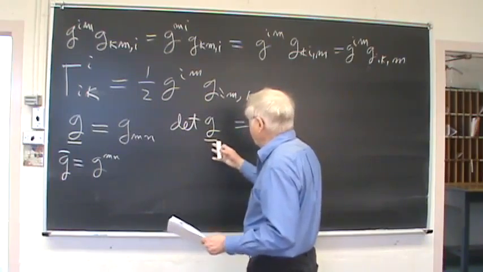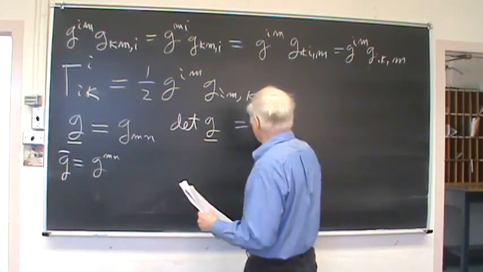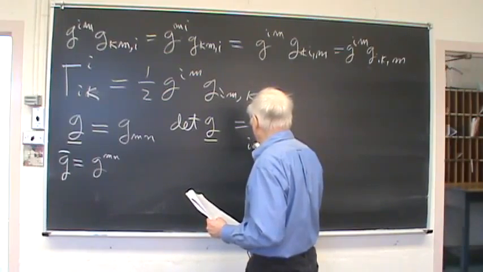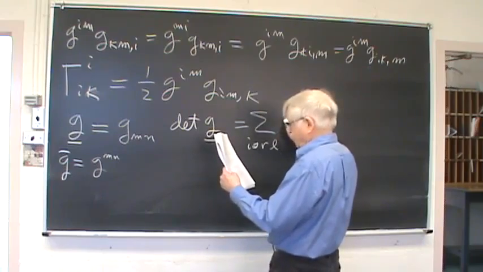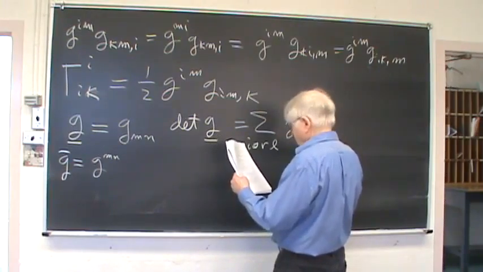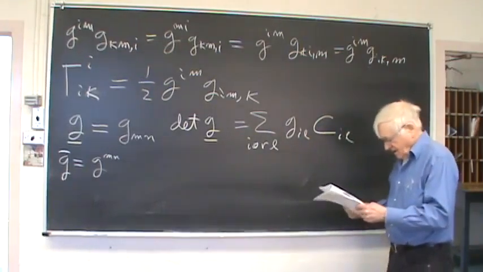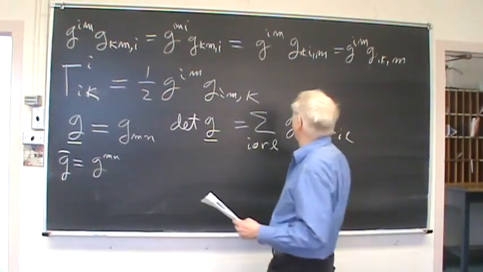Then the determinant of any matrix is the sum over I or L of G_{IL} times the cofactor C^{IL}. And let me remind you what the cofactor is.